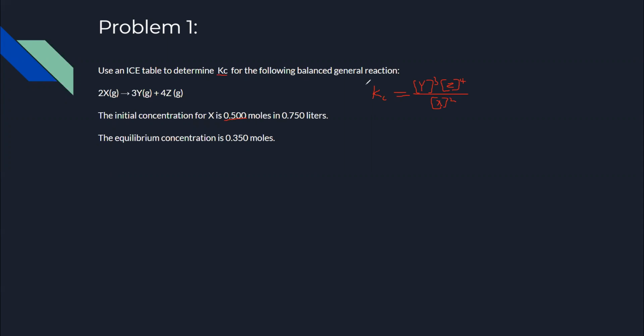So with this, we have to then use an ICE table in order to calculate the concentrations of y and z to find Kc, which we are looking for.